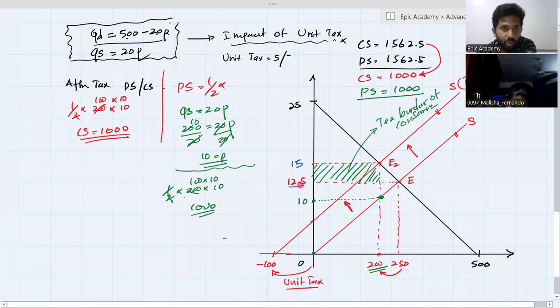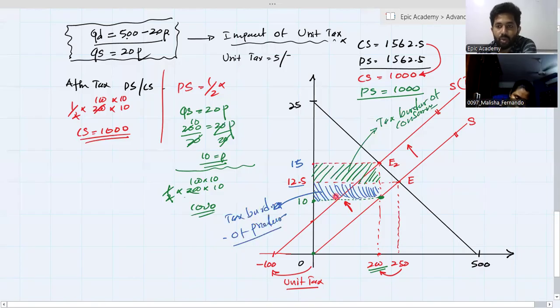Tax burden of consumer. So this area, I mean this blue shaded area, represents the tax burden of producer, because that already belonged to the producer, but it was lost.